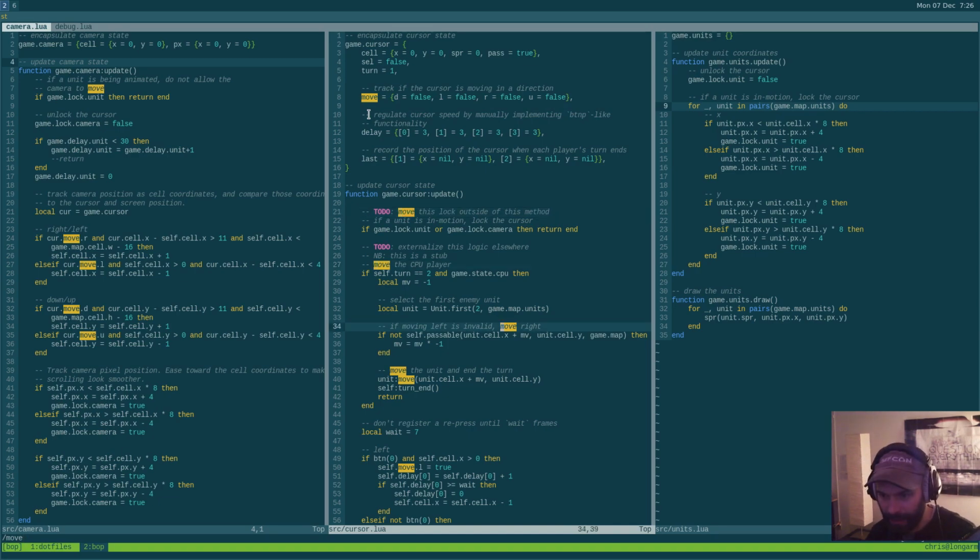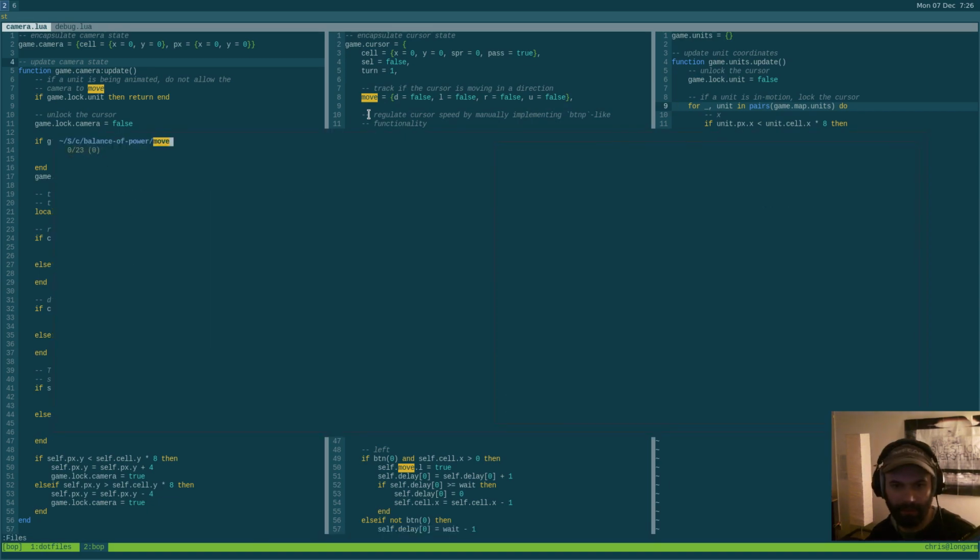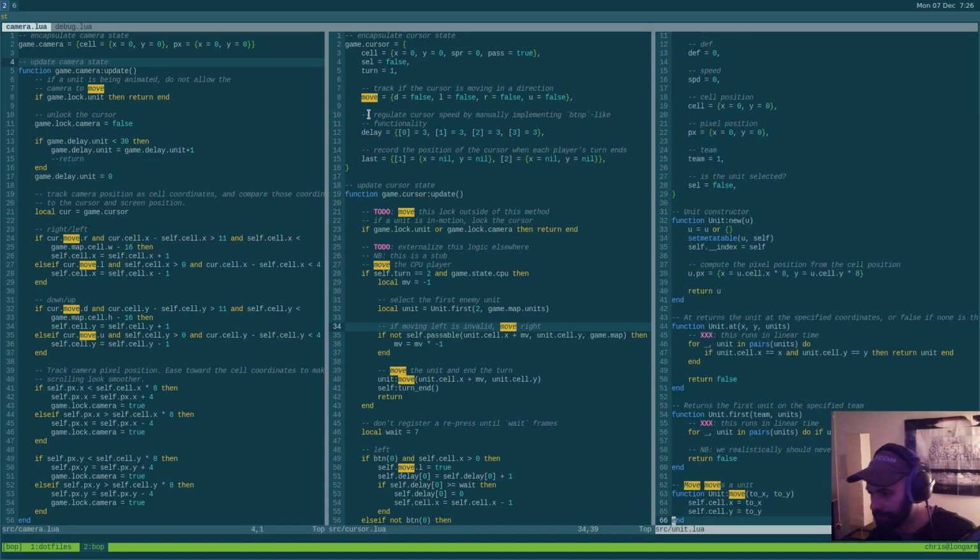Again, this is all really horrible, like what we're writing. This is all really, really horrible. Let's take a look at, maybe this is the way to do this.